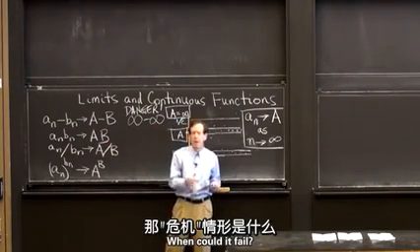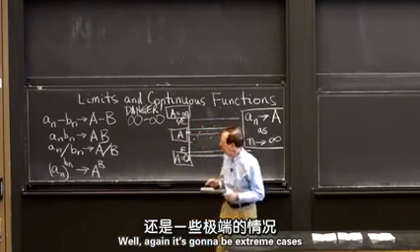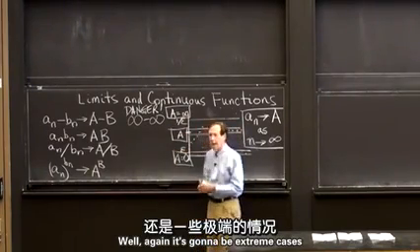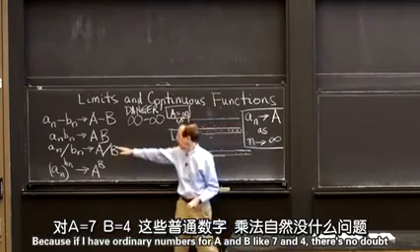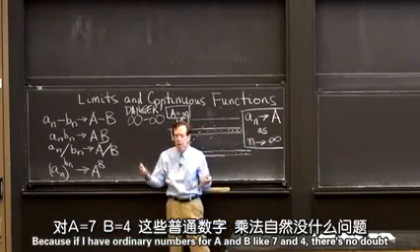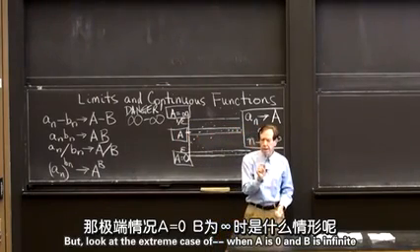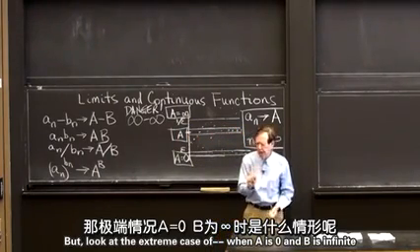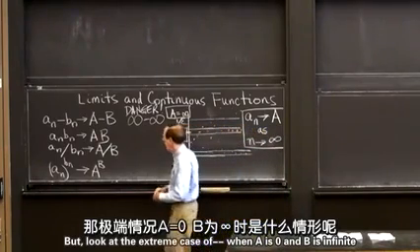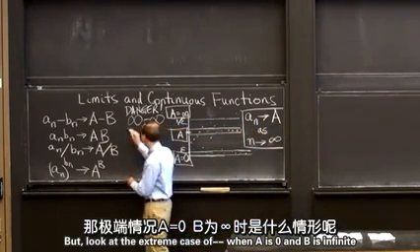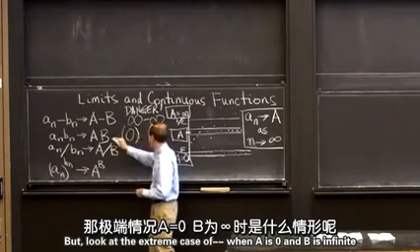When could it fail? Well, again, it's going to be extreme cases, because if I have ordinary numbers for A and B, like 7 and 4, there's no doubt. But look at the extreme case of when A is 0 and B is infinite.